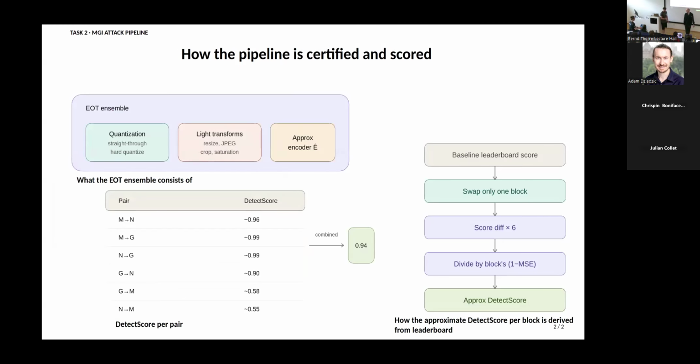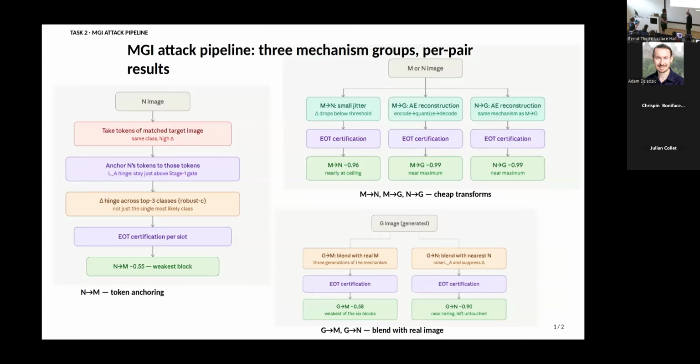Okay, thank you. In this task, could you also go back to this nice figure with all the paths? Okay, this one. What is the difference between this EOT per slot versus the others? It's the same.